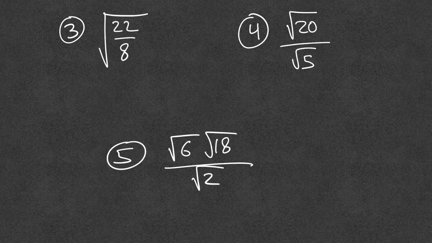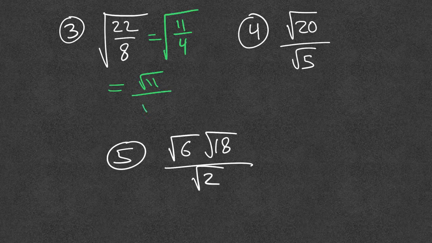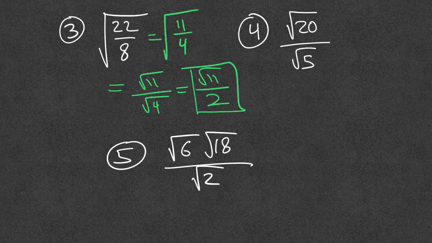And so when I do that, because I'm not doing anything with the square root yet, I'm just reducing the fraction inside, I get 11 over 4. And I like that because 4 is a perfect square. So now I can split it up into square root of 11 on top and square root of 4 on the bottom, which gives me square root of 11 on top, that's not a perfect square, over 2. And that's my final answer, square root 11 over 2.